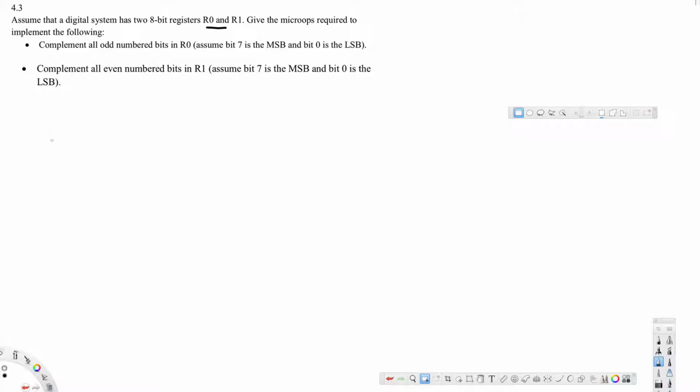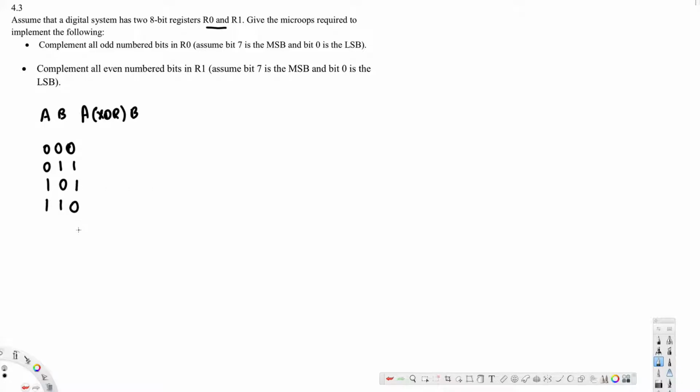Now let's see how to do that. We have two 8-bit registers R0 and R1, and we are required to find the microops. Now let's look at the truth table for A XOR B. The truth table will look like this: 0 0 0, 0 1 1, 1 0 1, 1 1 0.